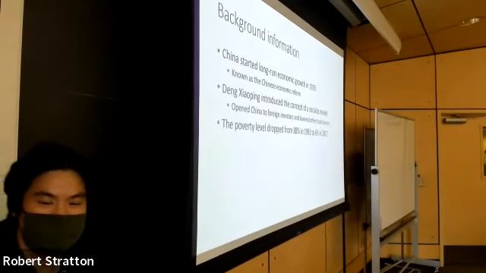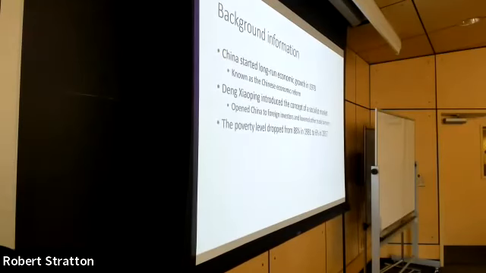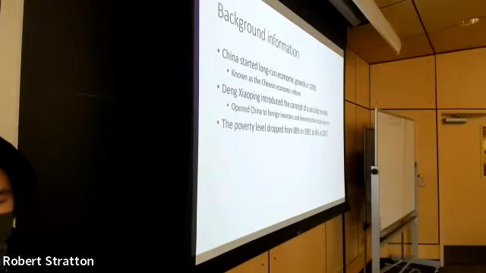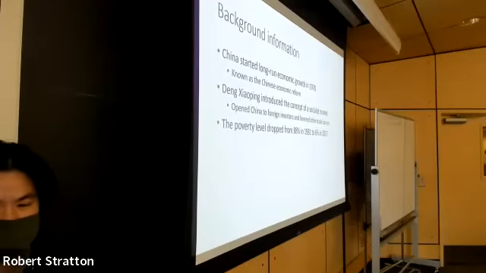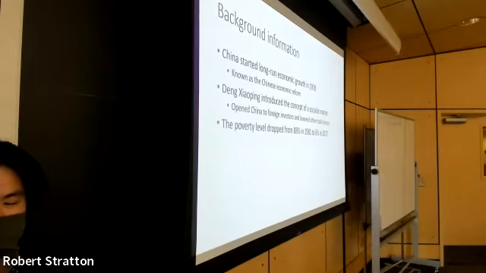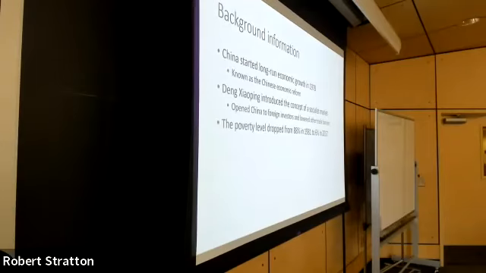So some background information. China started it in 1978, which is known as the Chinese Economic Reform, when Deng Xiaoping introduced the concept of a socialist market, which opened China to foreign investors and lowered other trade barriers. And in that time, the poverty level dropped from 88% in 1981 to 6% in 2017.